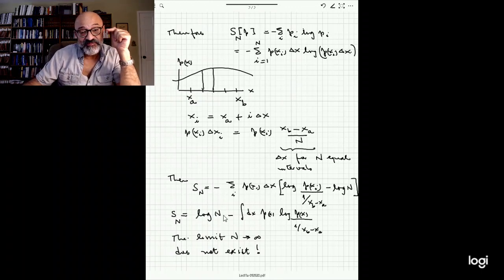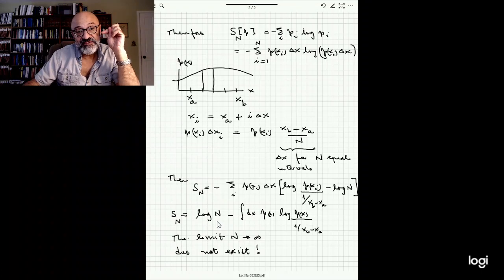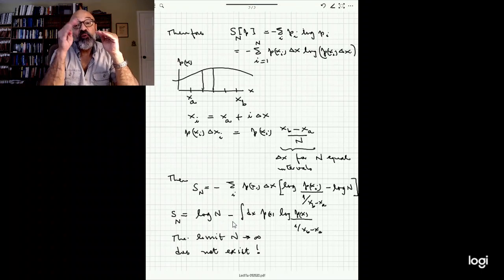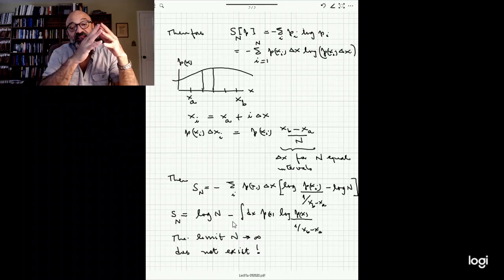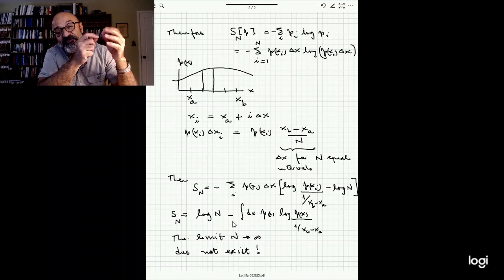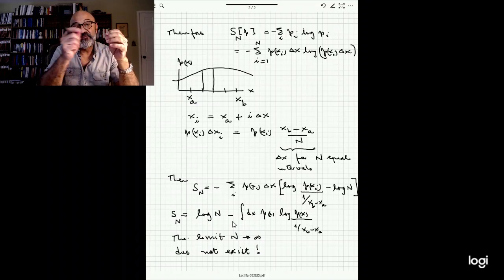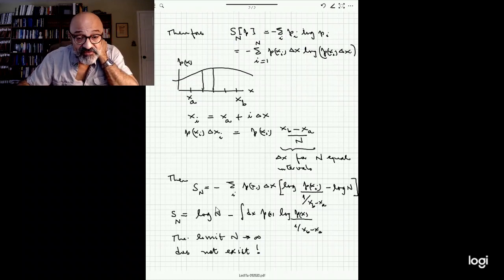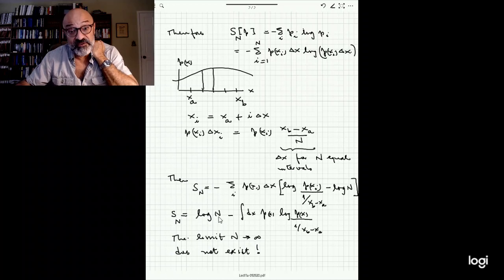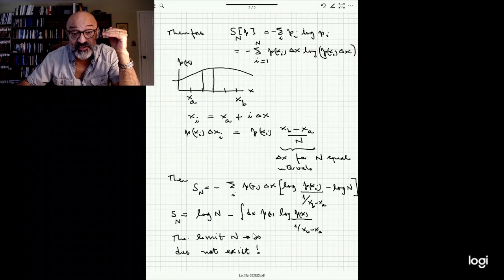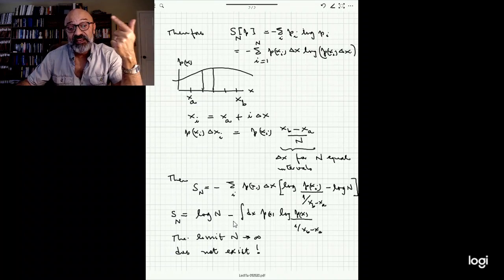Remember the second axiom of Shannon, when he said that when you have a uniform distribution, the entropy is going to be a function of the total number of microstates, the total number of alternatives, and that function was increasing in n. So if the number n increases, the entropy keeps on increasing. There is no limit, right? So the fact that you're going to run into this kind of problem was already implicit in Shannon's axioms.